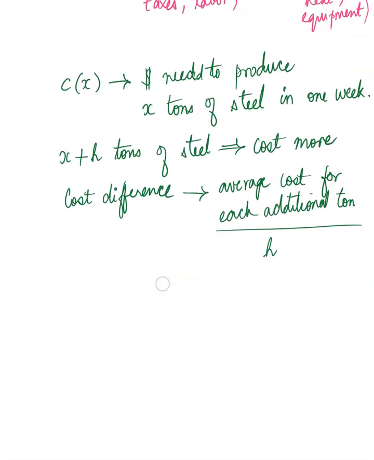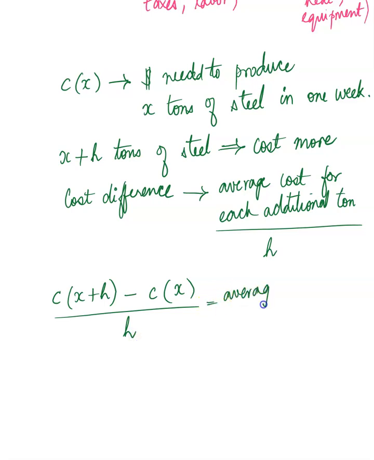So if I were to put it in the expression we are familiar with, cost of producing X plus H tons of steel minus the cost of X tons of steel divided by H tons of steel produced will be the average cost for each of the additional H tons of steel produced.